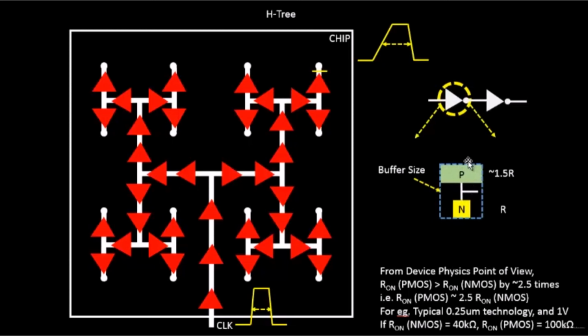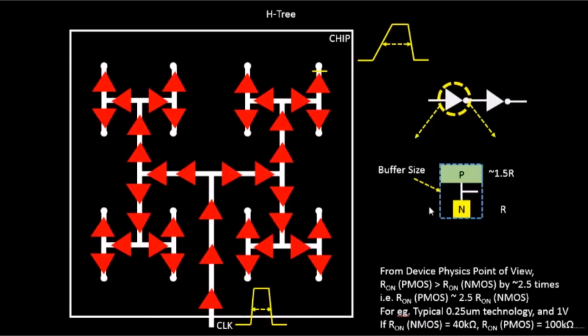As we already said, even a small square unit of area on a chip is expensive, because if you save area, you can add more and more applications to that chip. But in this case, this increase in the size of the buffer is unavoidable, because for high speed circuits we need this kind of waveform.